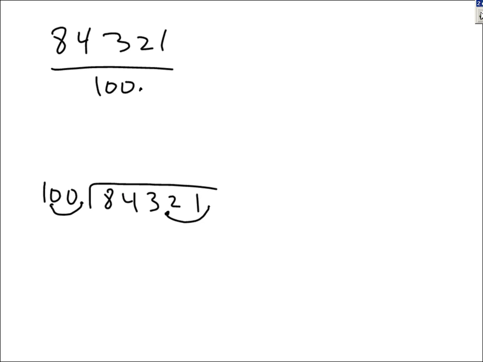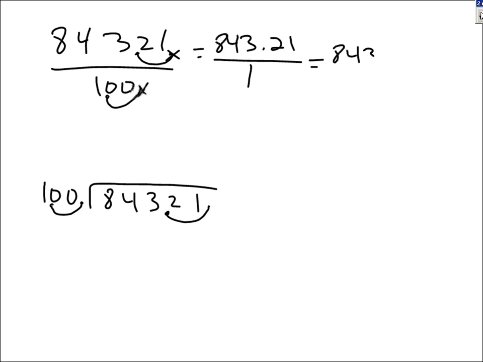That is, move the decimals 2 places. If you don't see a decimal, it's understood to be all the way to the right. And then you have 84,321 divided by 1.00, which is 1. Oh, I know how to divide by 1. I'm an expert in dividing by 1. Don't do it that way.